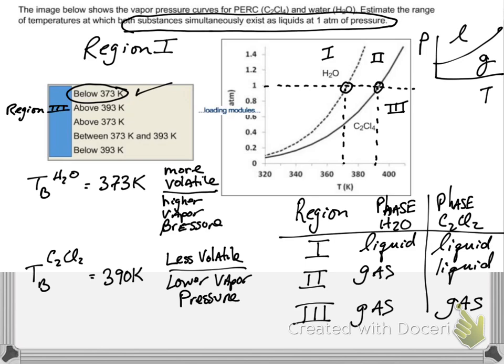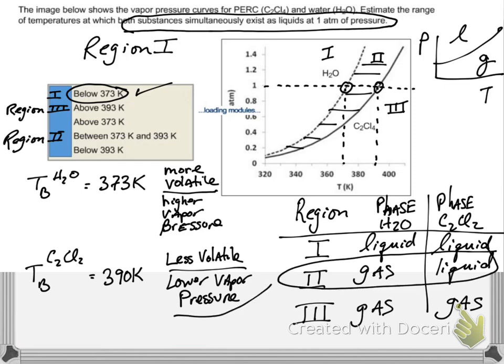We could also identify in the answers the different regions here. Region 3 starts above 393 Kelvin. Region 1 is below 373 Kelvin. And region 2 is between 373 and 393. This particular region is very interesting in terms of separation, so I highlighted it there between the two lines. That's because we can separate water and C2Cl4 under these conditions by vaporizing water and leaving behind the C2Cl4 liquid.